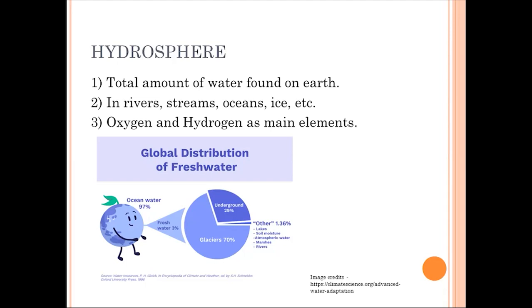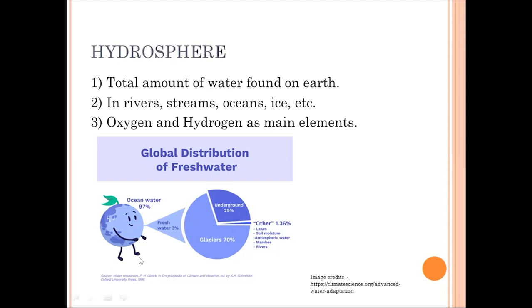Out of that 3%, 70% is locked in glaciers, and the remaining 30% is available in the form of underground water and the water present in rivers, lakes, and streams.